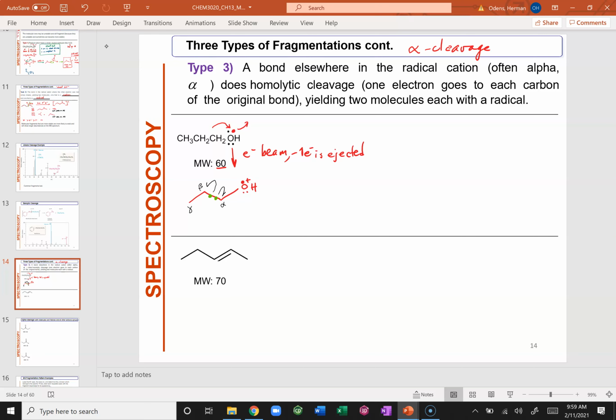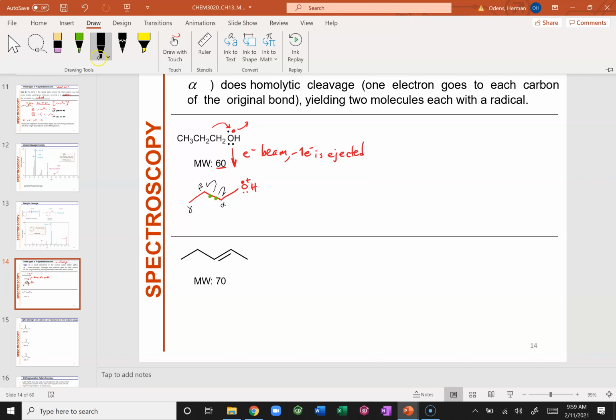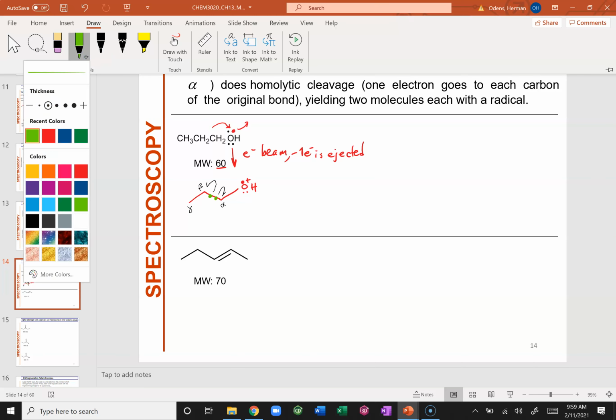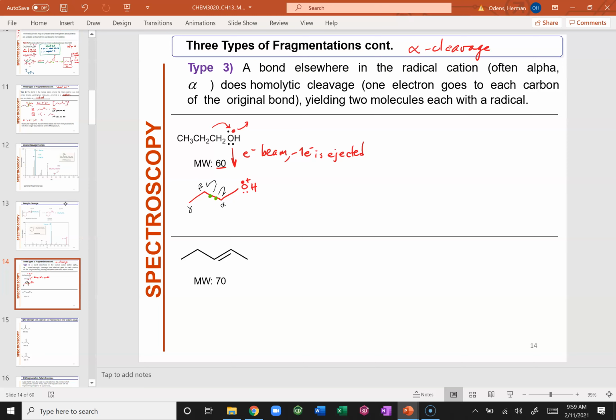So that means between alpha and beta, that is your alpha bond. So this is this one. This one, hold on, okay. This one is your alpha bond. Like this one will be your beta bond.